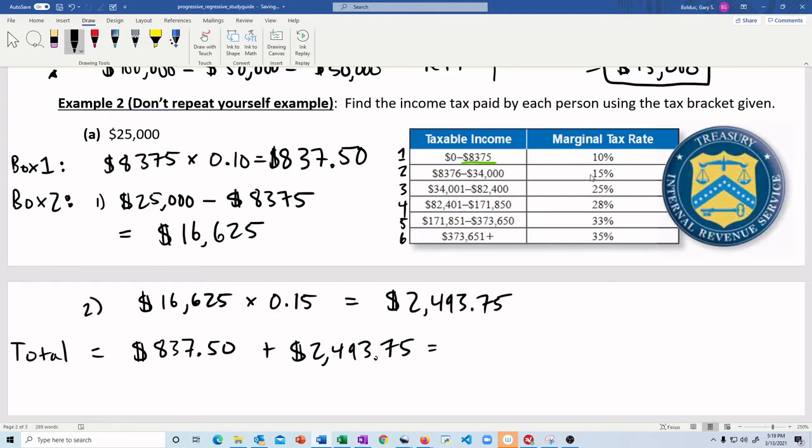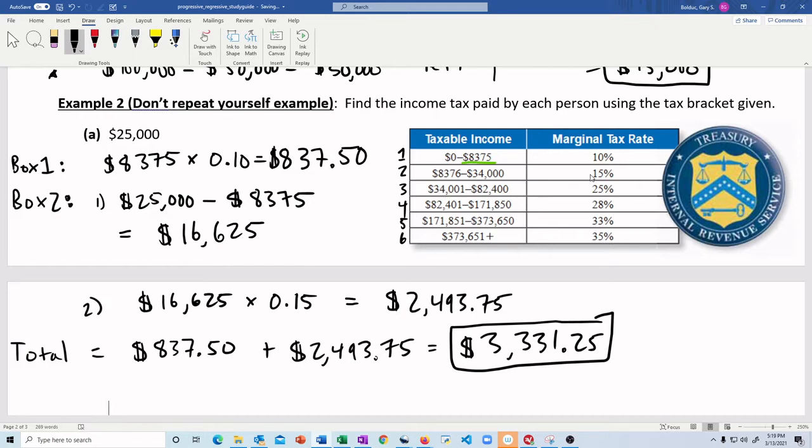And all we have to do is end up adding these together. So in our calculator, we add 837.50, gives us $3,331.25. So that's how much person A pays.